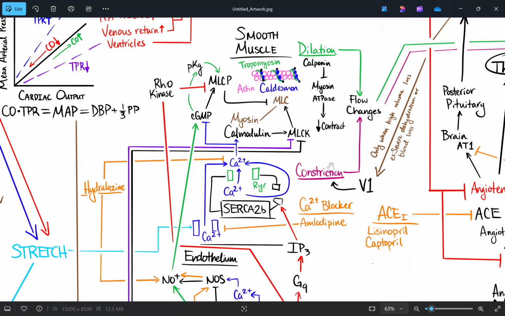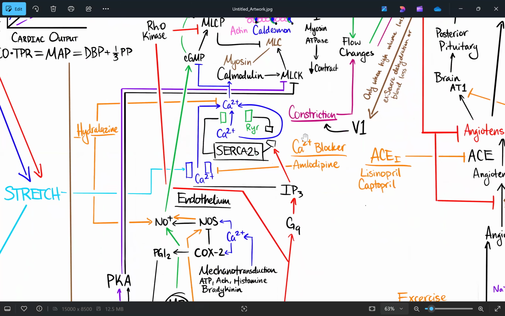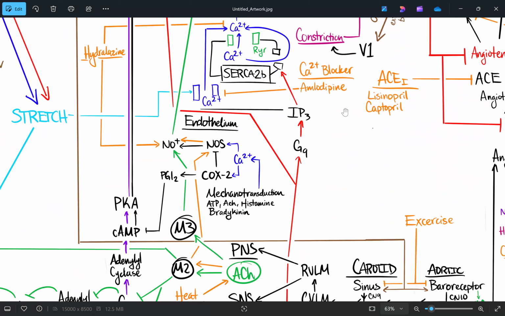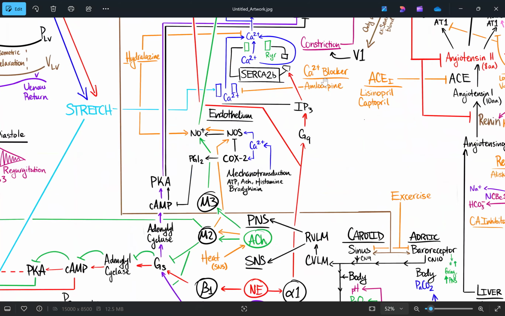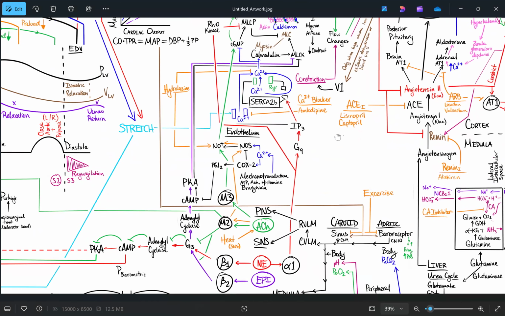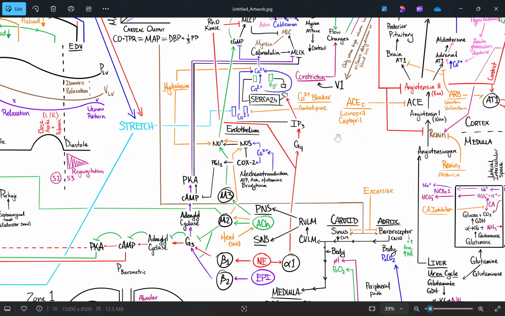If you want to go down just a little bit and zoom out maybe a little bit, please, there are some other ways that smooth muscle can be regulated. So again, PNS and SNS. Let's start with the PNS, the parasympathetics. You'll have your acetylcholine, which binds to your M3 receptor, which will increase the nitric oxide being made, which will stimulate more cGMP.